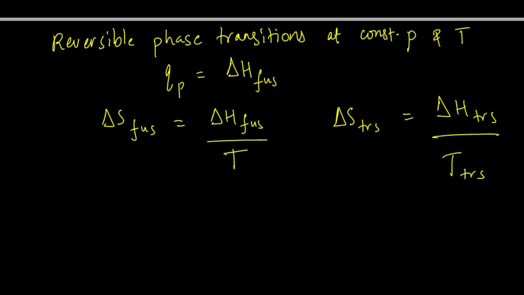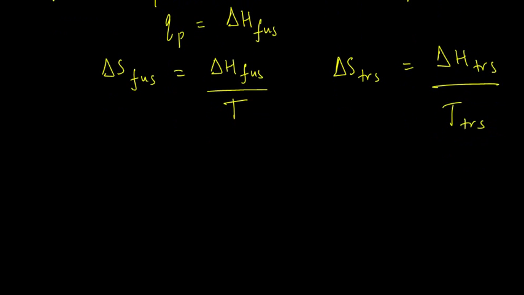Fine. So this question in the tutorial that you've been given is: water, and somehow I have been able to bring down this water to minus 10 degrees C. So water is a liquid at minus 10 degrees C, 1 bar. And then I somehow induce crystallization of this water.